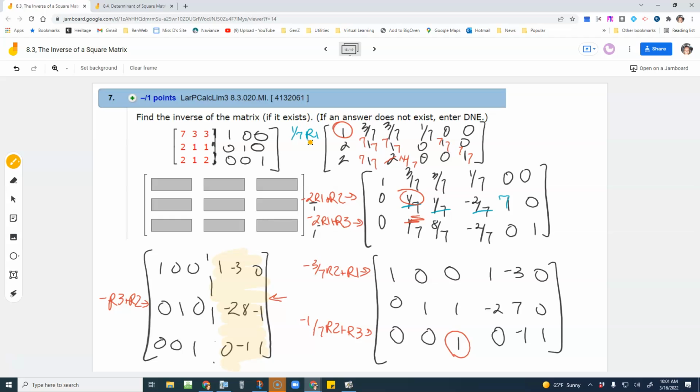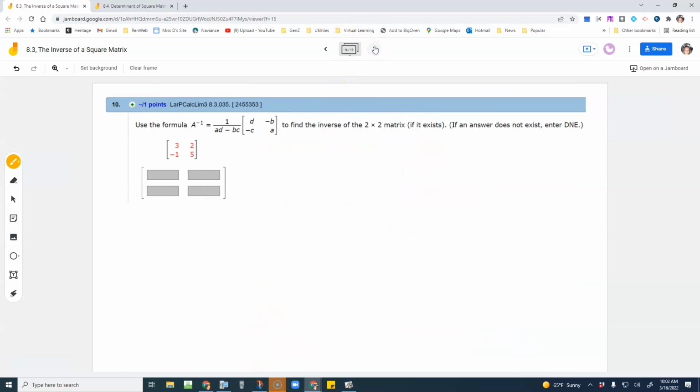Your step won't always preserve what came before, and so you'll start messing up the form as you're trying to move forward. That kind of makes sense? Yeah. Okay, so let's go ahead and go to the next one, which is 10.